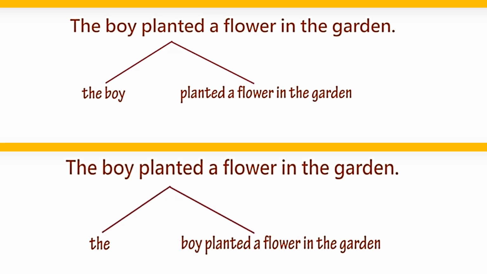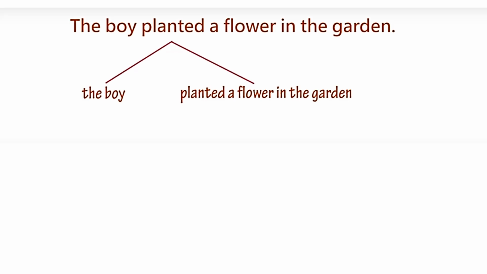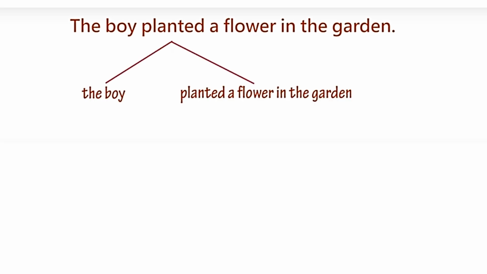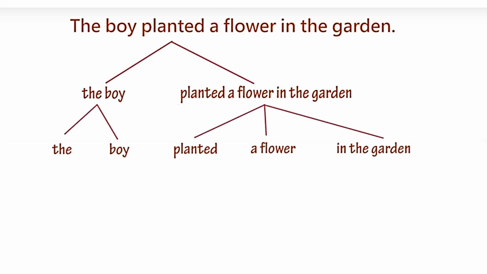But I can divide the sentence: the boy, planted a flower in the garden. Let's divide it again. The boy, I can do two branches again, and then planted a flower in the garden.